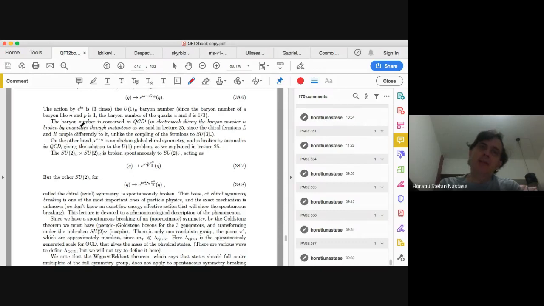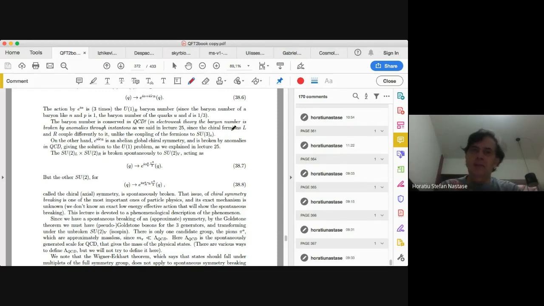Note that the baryon number is conserved in QCD. There's nothing that breaks this symmetry. In electroweak theory, the baryon number is broken by anomalies through instantons. We saw that in lecture 25.